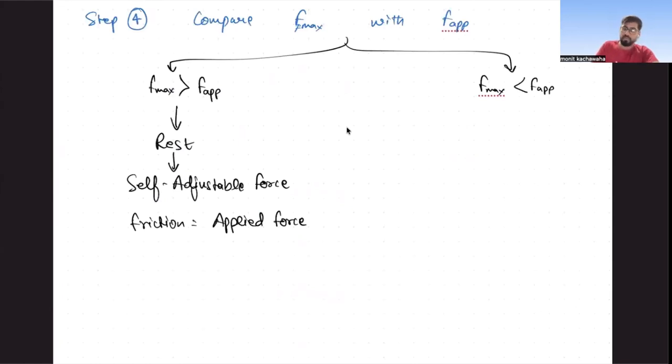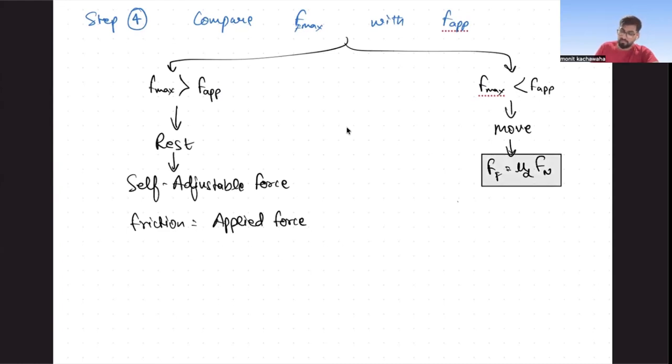But if my applied force is greater than the maximum friction, it means it will move. And if it moves, then I will use the formula mu d into Fn, the dynamic coefficient into the normal contact force.